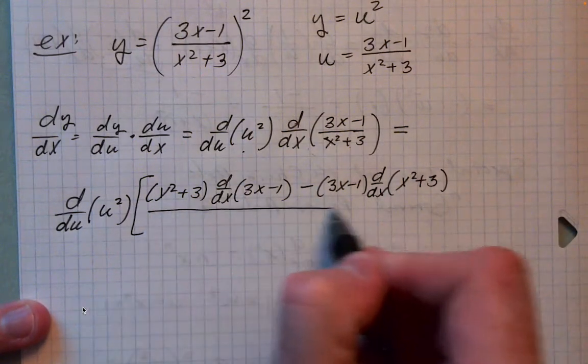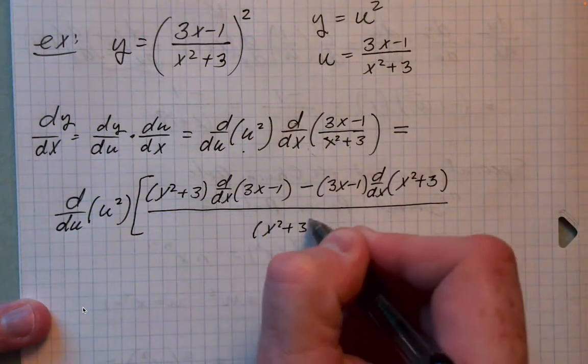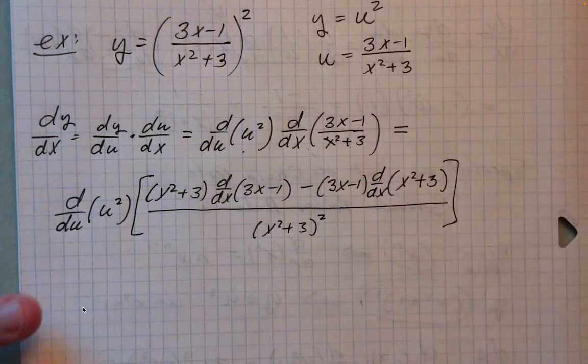And then the whole thing is divided by the square of the denominator, so we'll square x squared plus 3, like so.